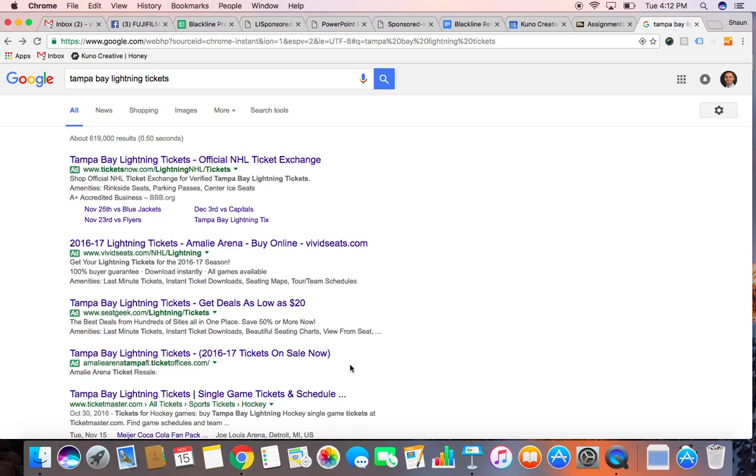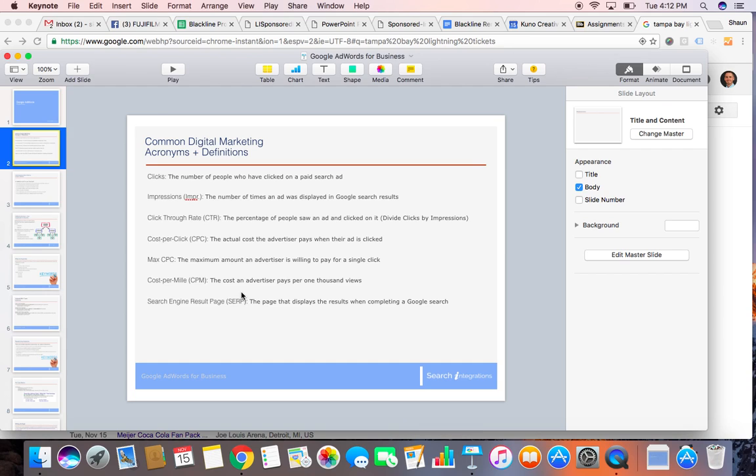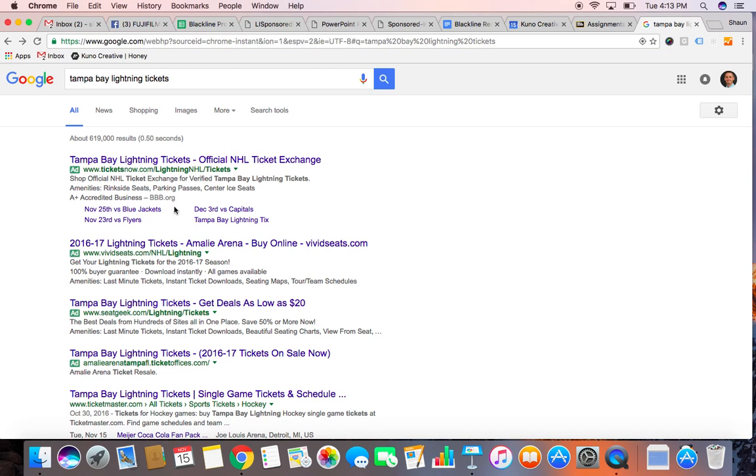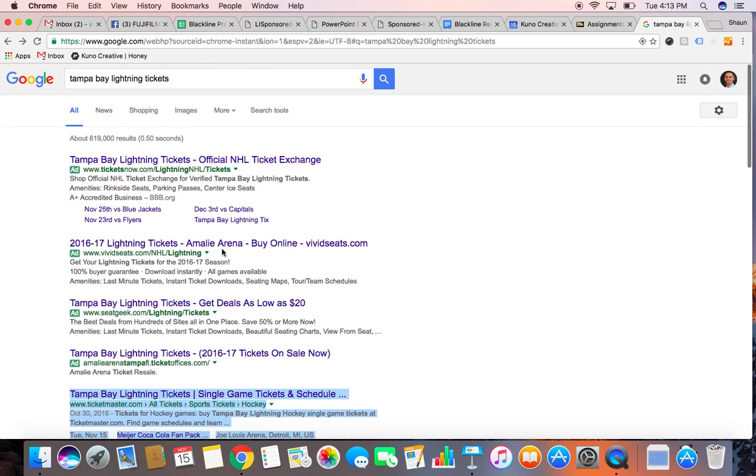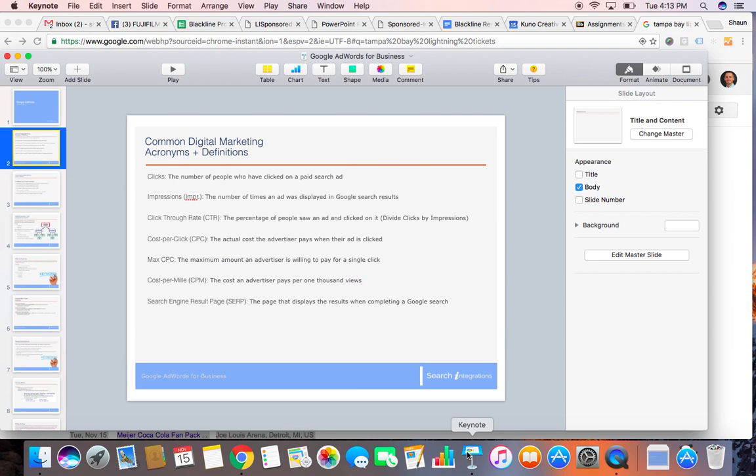Now you could bid cost per 1,000 and show your ads thousands of times for a certain amount. The search engine results page is the search page in Google that contains both the paid ads, spots 1 through 4, as well as the organic results.